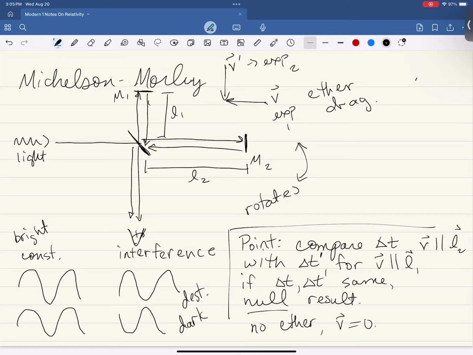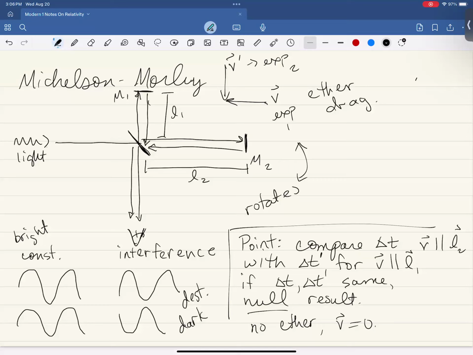All right, so let's talk about how much time it takes for the light to travel from the beam splitter to M2 and then back again. And then also let's compare that with the time that it would take the light to go from the beam splitter to M1 and back again. Because of course, these two paths, the one from the light to the beam splitter and from the beam splitter to the detector, are going to be the same for both paths of light.